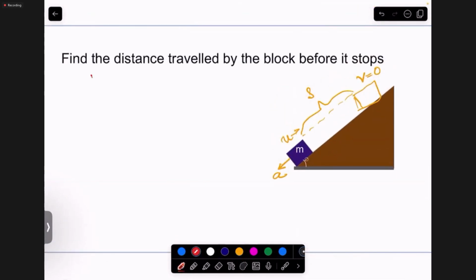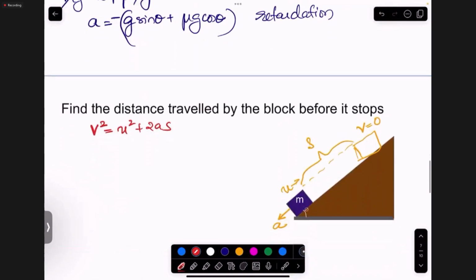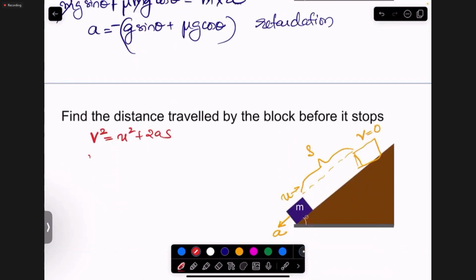So you can use v square equal to u square plus 2as. We have calculated a here, so we can use this a. Final velocity v is 0, so 0 equals u square plus 2 times a, which is minus (g sin theta plus mu g cos theta), times s.